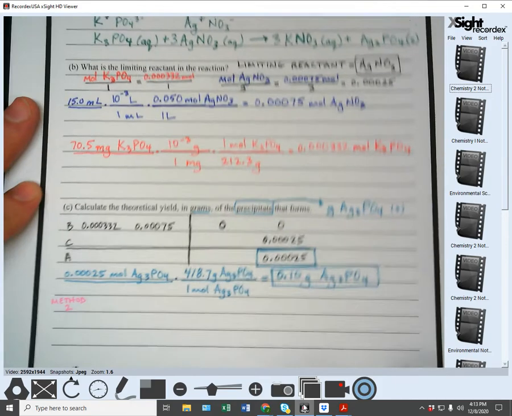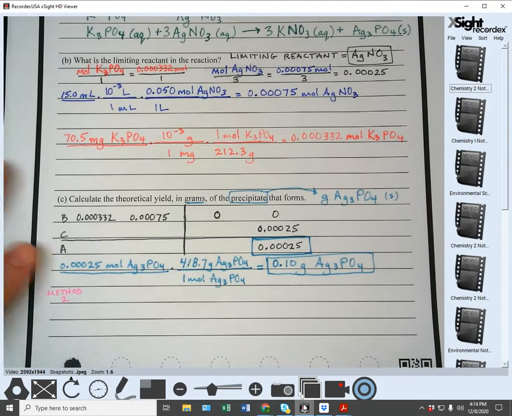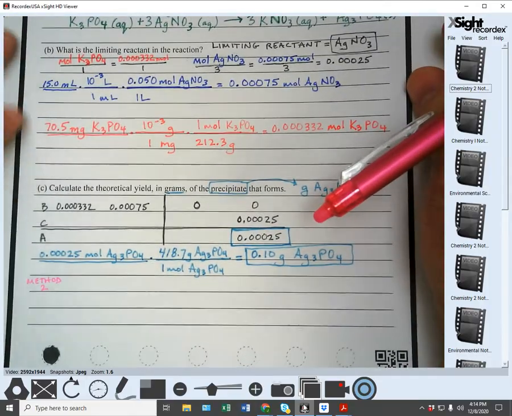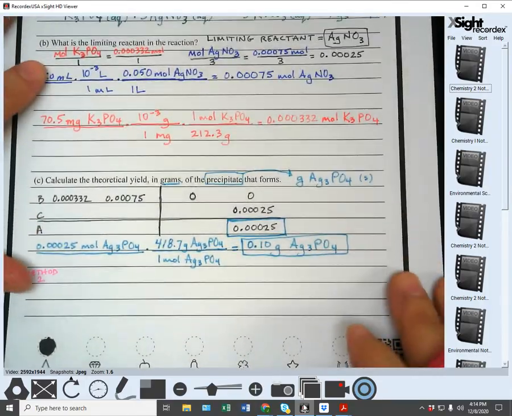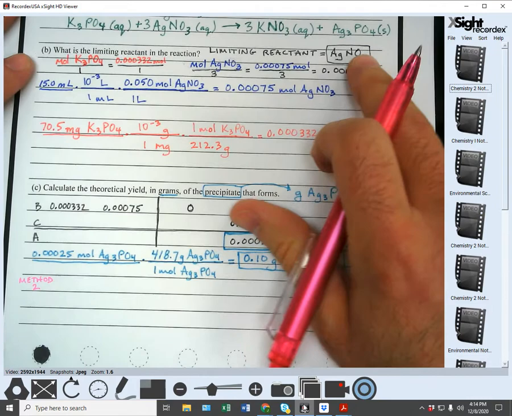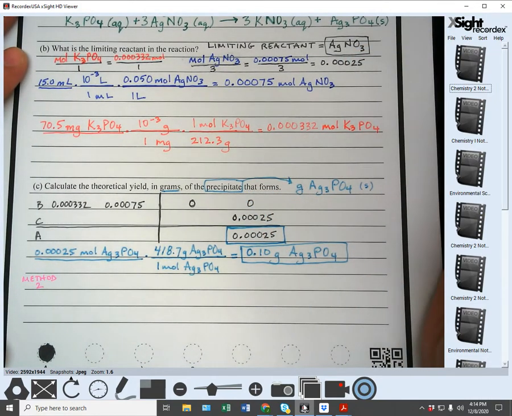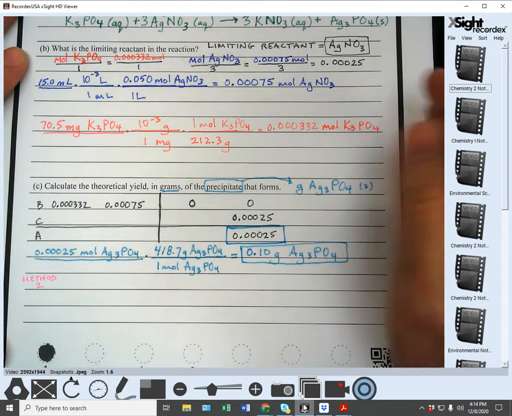All right, and in this way, we know that AgNO3 is our limiting reactant, correct?